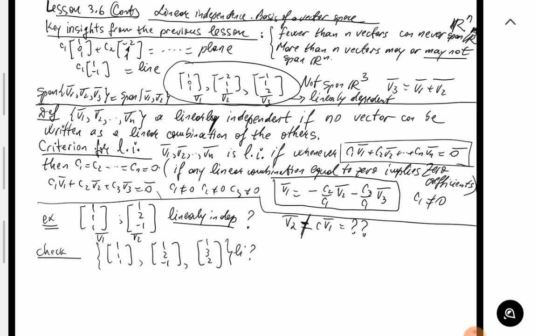So let's follow through with the definition. We're going to set up our system or linear combination equal to 0. And the answer will be yes, it's a linearly independent set if the only solution is the 0 solution, right? Which is always a solution, but the question is if it's the only solution.